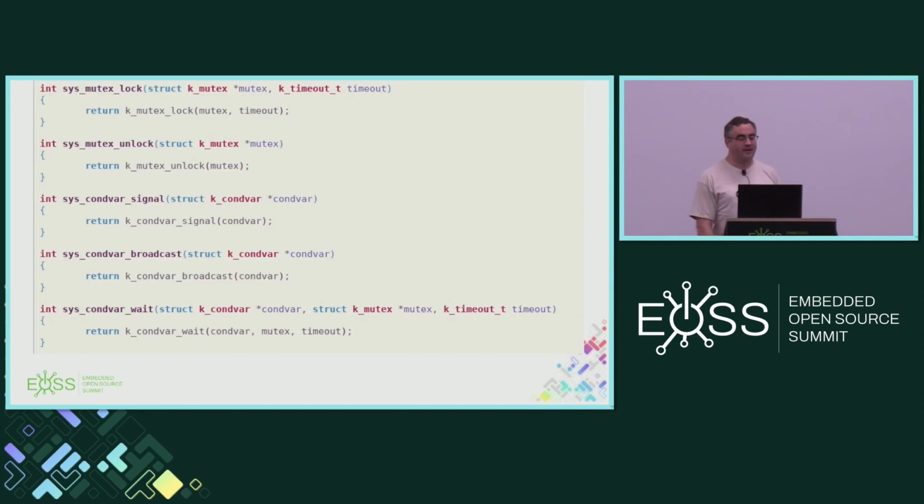Yeah, that's this. You have sys mutex lock takes these arguments and it calls k mutex lock. And then depending on how you're configured, that may just be the function, or it may expand inline to this kind of syscall check, which checks if we're in user mode and then either calls the function or does the other things.